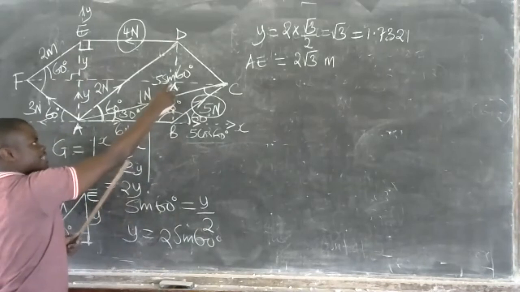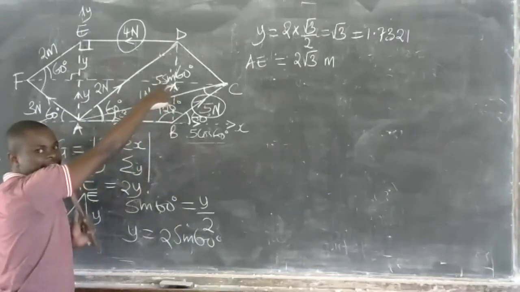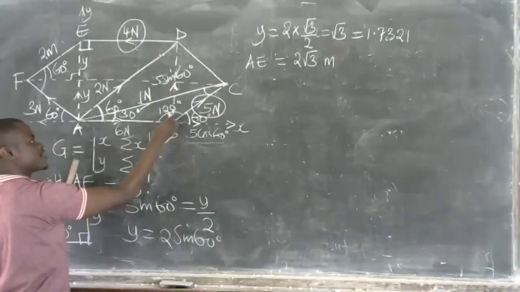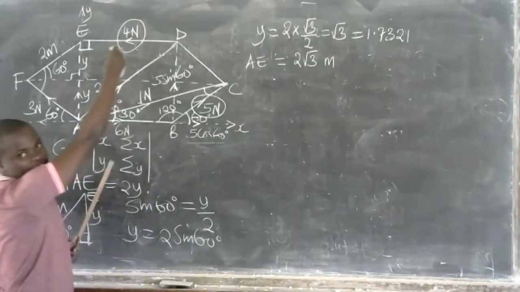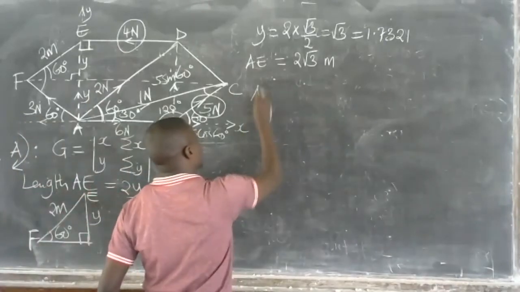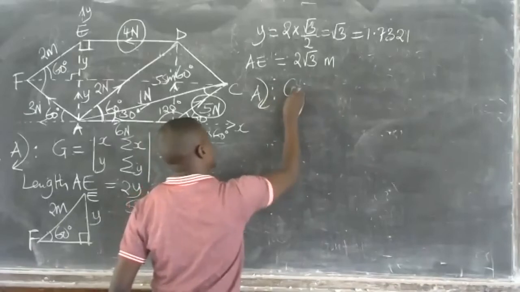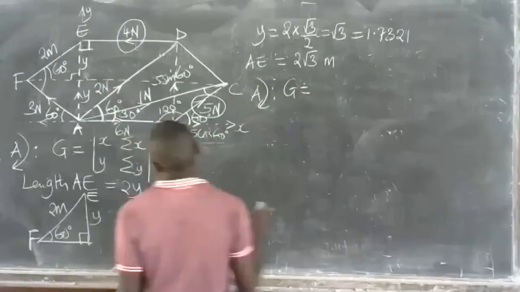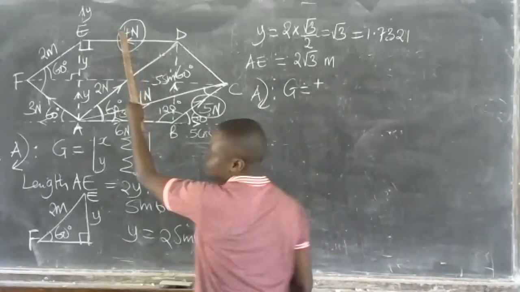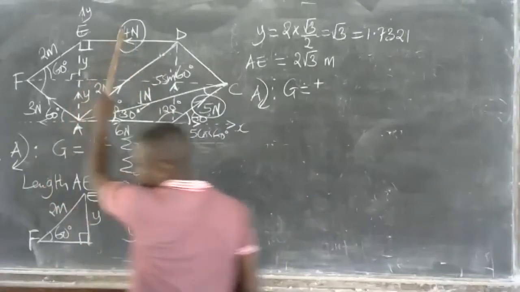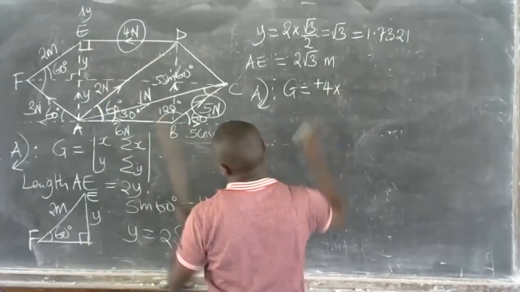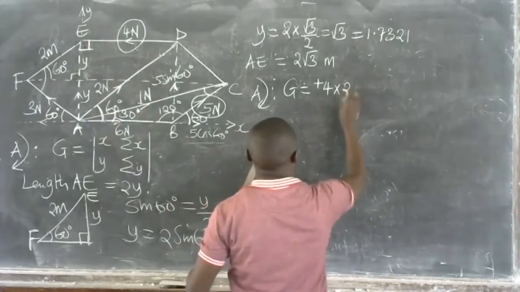The perpendicular distance to this component is the length AB. AB is at right angles, 90 degrees, with the component. Therefore, taking moments about A, the sum of moments will be, I can start with the 4 positive. It's a positive anti-clockwise moment. The force is 4 and the perpendicular distance is AE, 2 root 3.